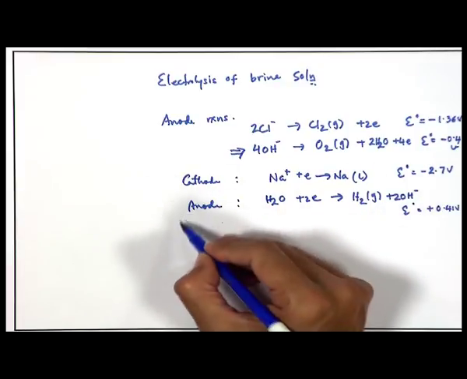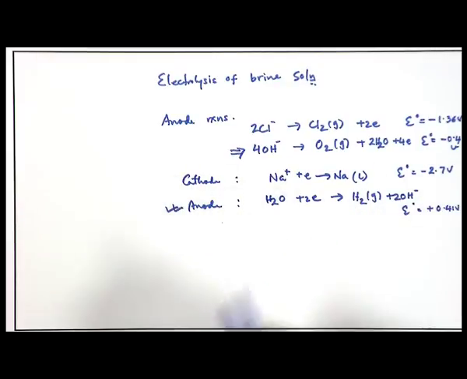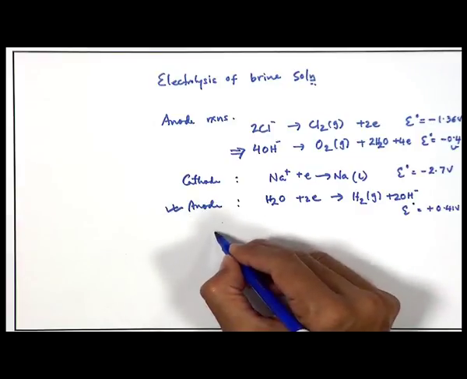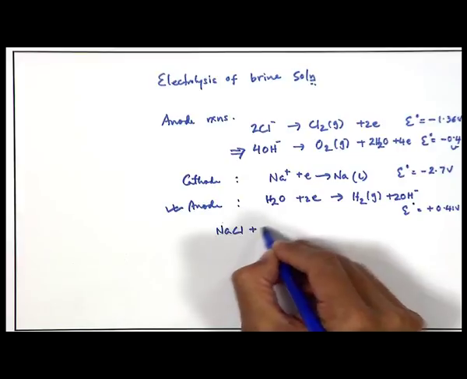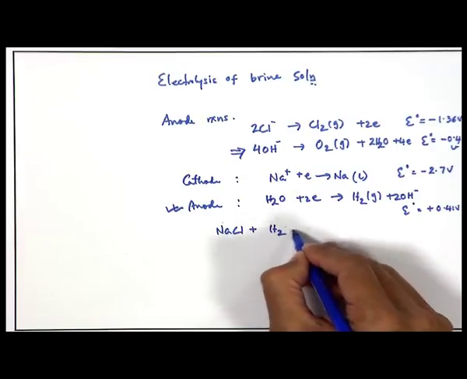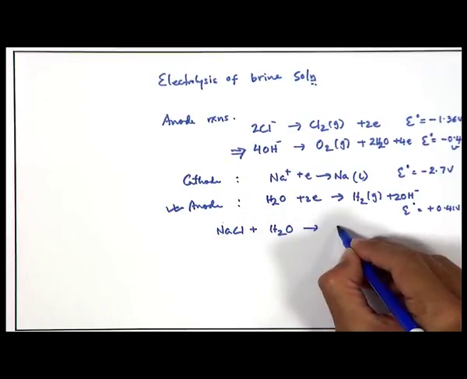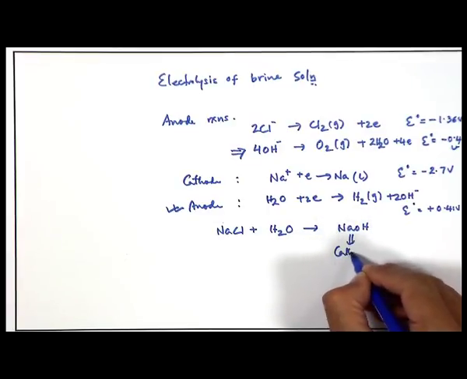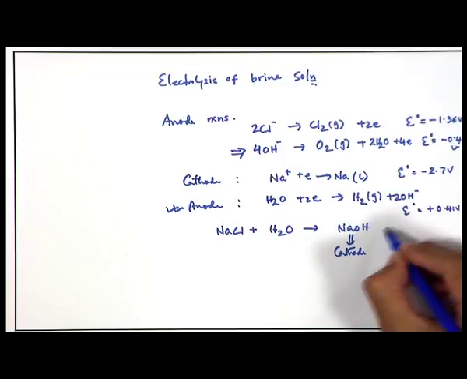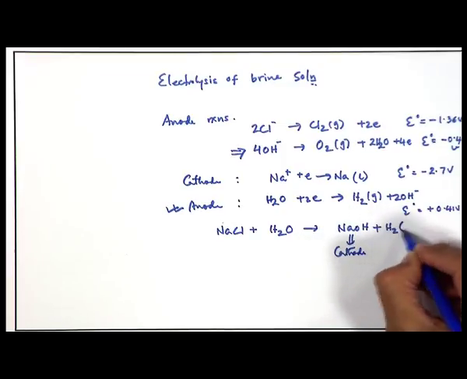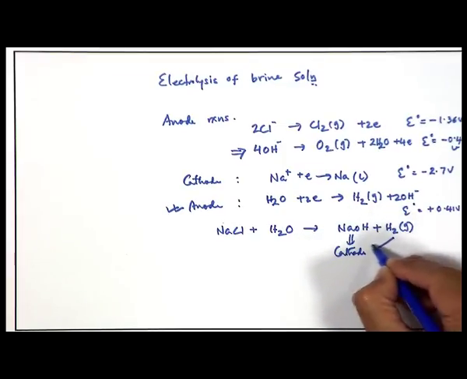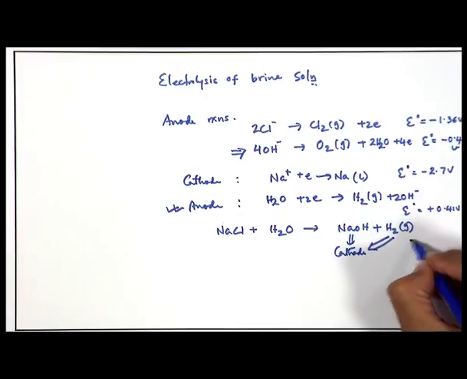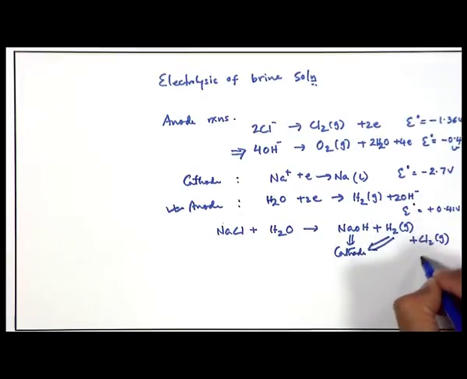So, therefore, this reaction will be favored over the other reaction. So, net reaction will be NaCl plus water giving rise to NaOH at the cathode plus H2 gas, that is also at the cathode, and plus Cl2 gas at the anode.